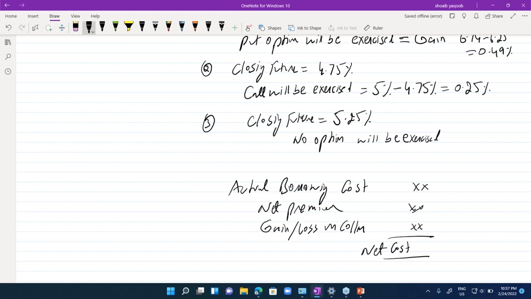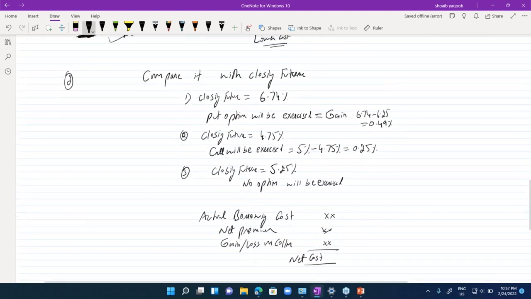That's how you will solve this in exam. All these rates are before the company spread. We will only consider spread in the last step in actual borrowing cost. If no option is exercised, you will not write this.